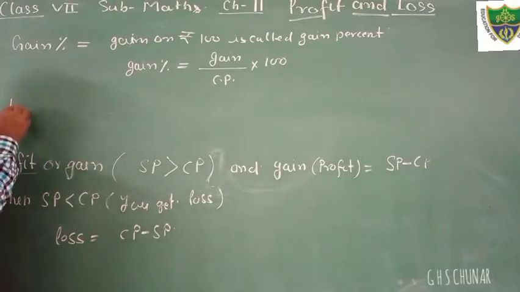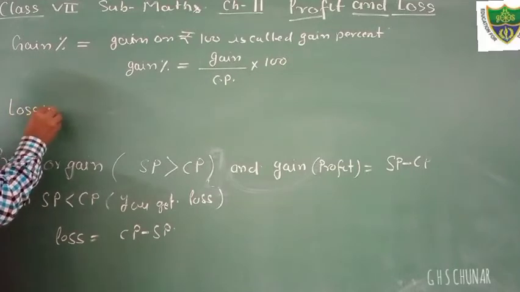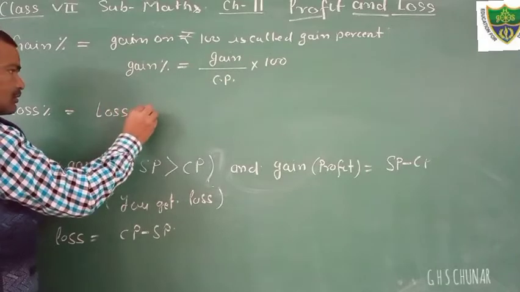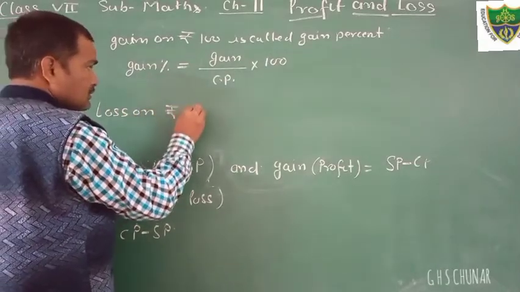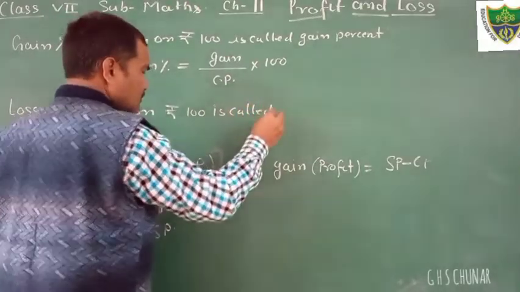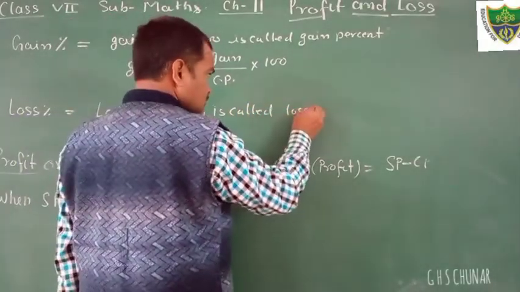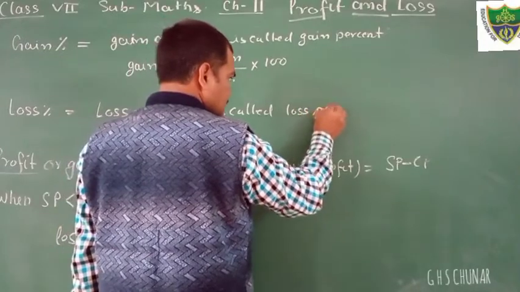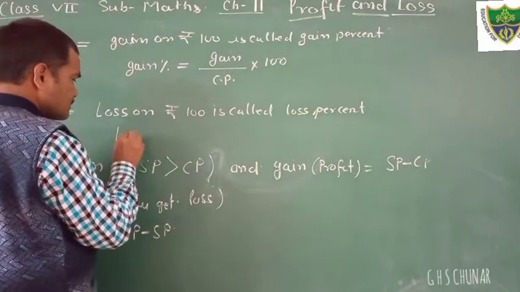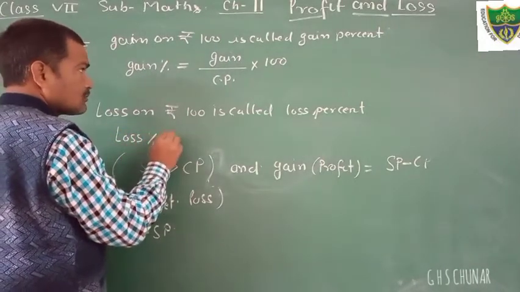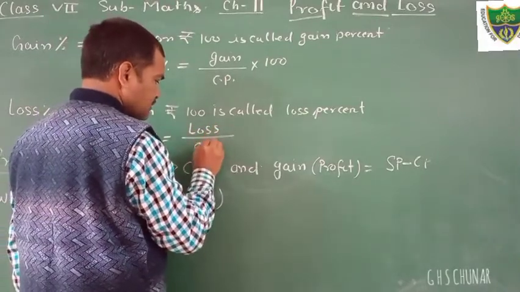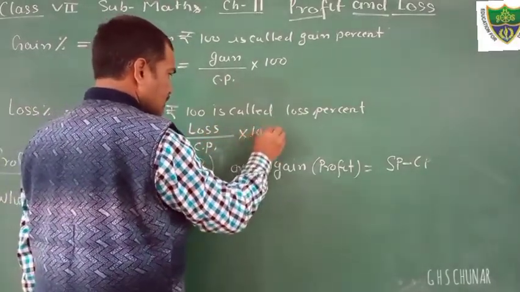Next, loss percent, that is loss on rupees 100 is called loss percent, and loss percent is equal to loss upon CP into 100.